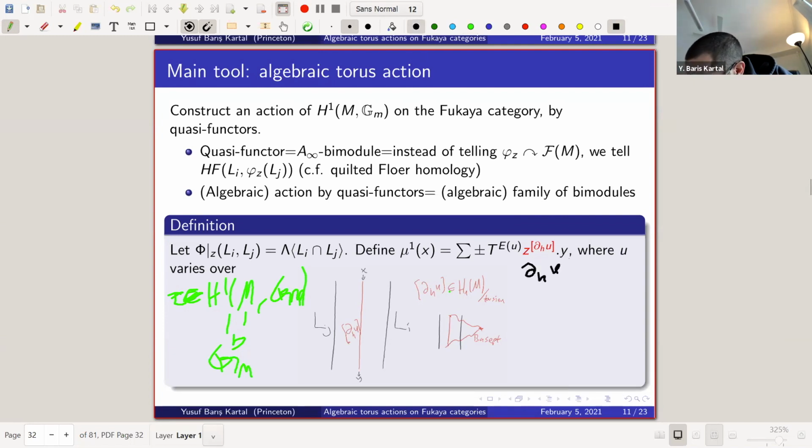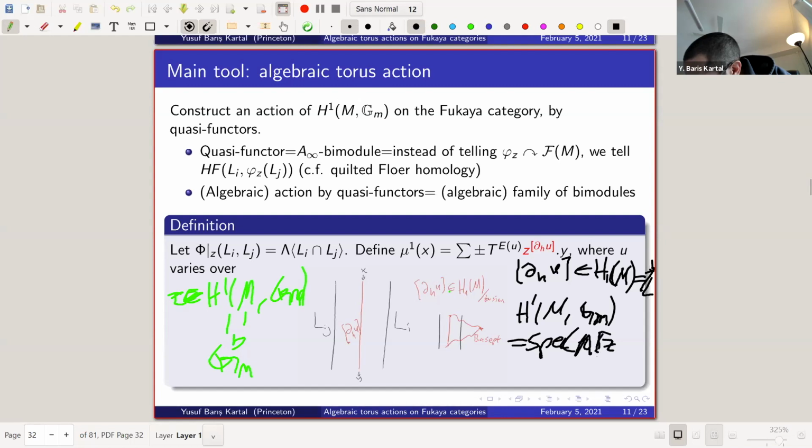This thing belongs to H1 of M, and I pick a basis to identify this with Z to the B. In that case, this thing here can actually be defined as the spec of Lambda, sorry, the spec of the group ring of the first homology of M. And there has to be another parenthesis here.